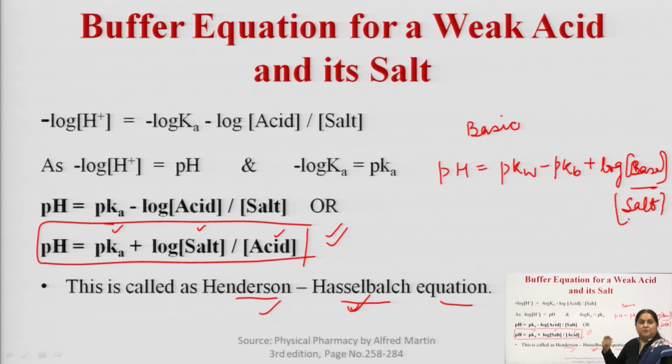So, for base it is pH is equal to pKw minus pKb plus log base upon salt, right. So, these are the two main equations that you have to remember as far as the Henderson-Hasselbalch equation is concerned, to calculate the various ionization of the drugs and to calculate the pH of the drug.